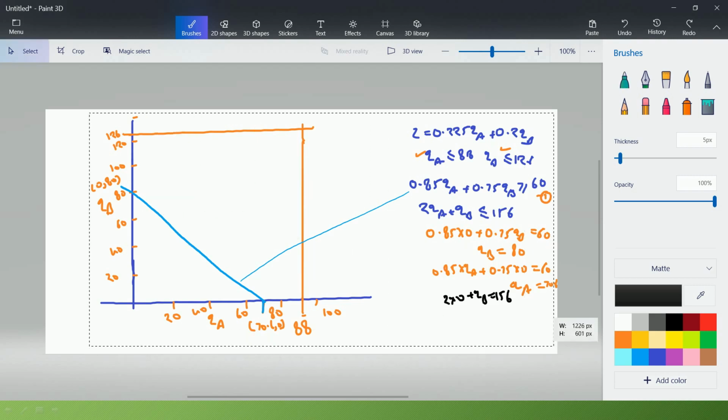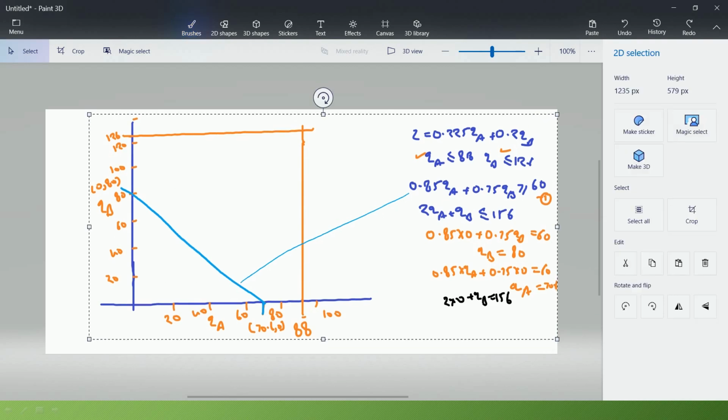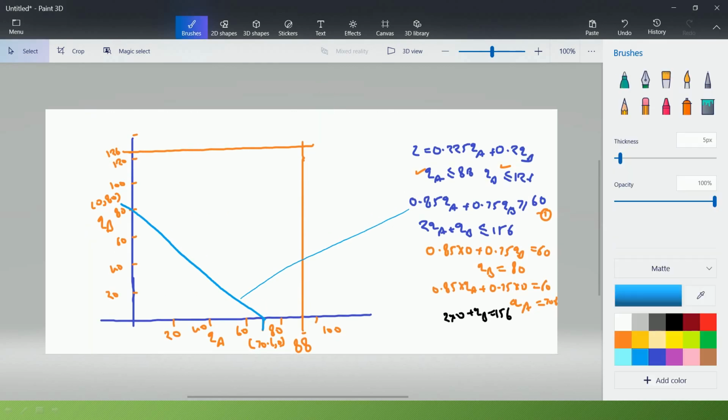Move this part a bit lower so that we can draw 156. This we were using black color. This will be 140 and here it will be 160. Somewhere here we will have 156. So this point will be 0, 156.